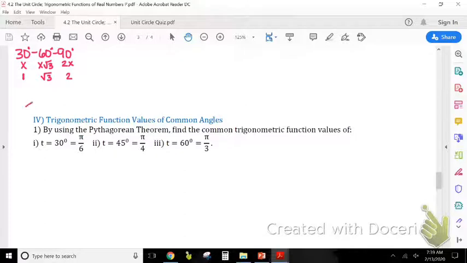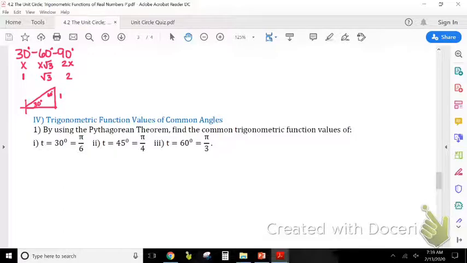So when I draw this triangle, first I'm going to draw it like it's in standard position. Remember, that means it's going to start on the positive x-axis. If I drew it as a graph, the vertex would be at the origin. So if this is 30 degrees, from what I'm looking at above, the side across from 30 degrees is going to be a 1. That means this top angle here has to be my 60 degrees.